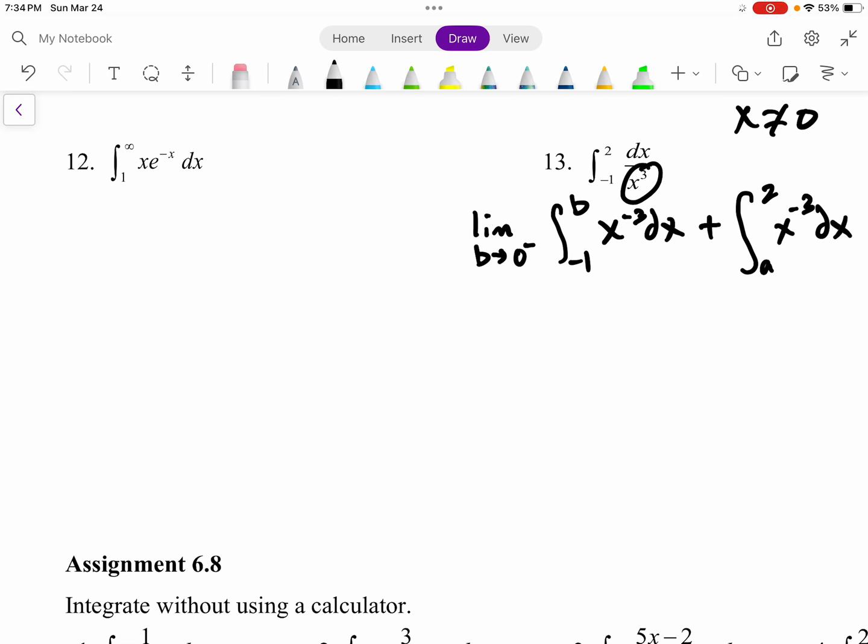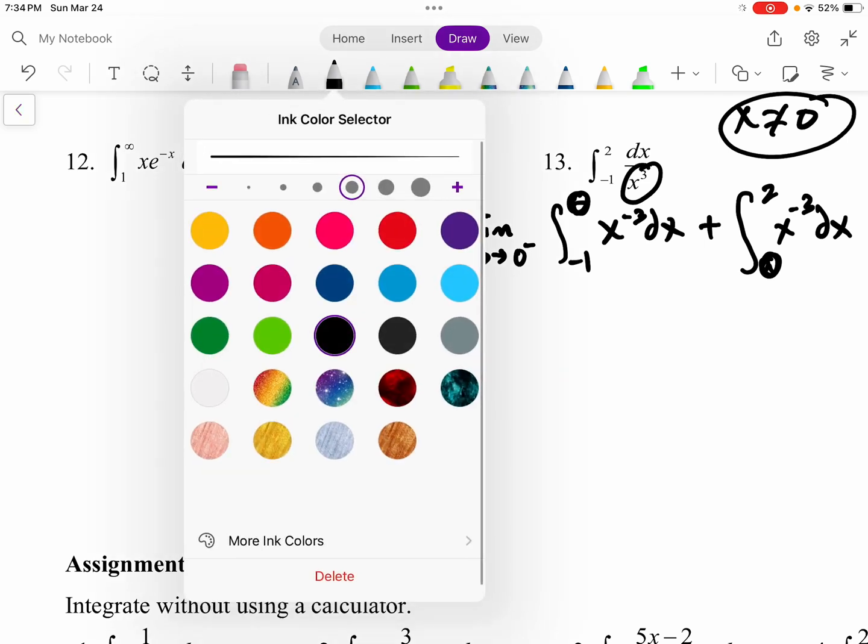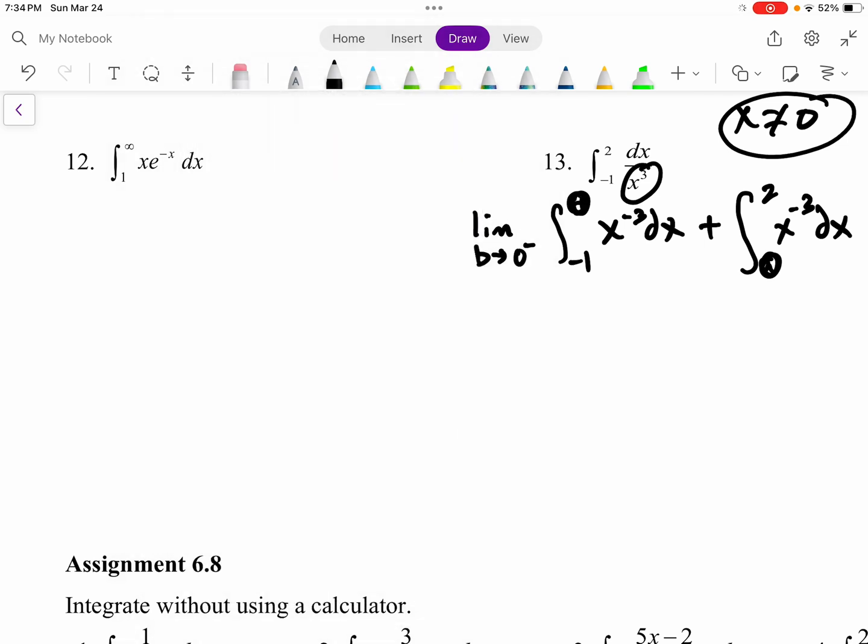What I really did is break it up at x equals 0, where the vertical asymptote is. Because there's a vertical asymptote at 0, I have to replace that 0 with something else. That's why I replaced it with a b right here, and on this one I replaced the 0 down there with the a.